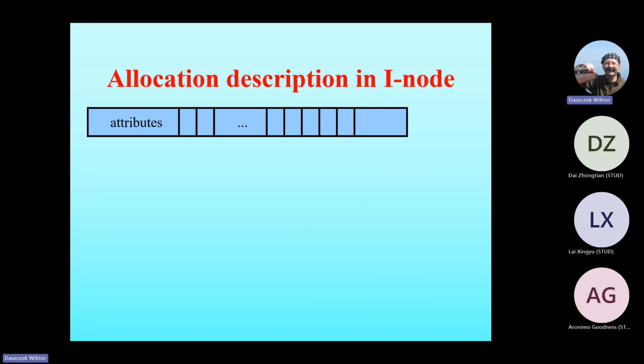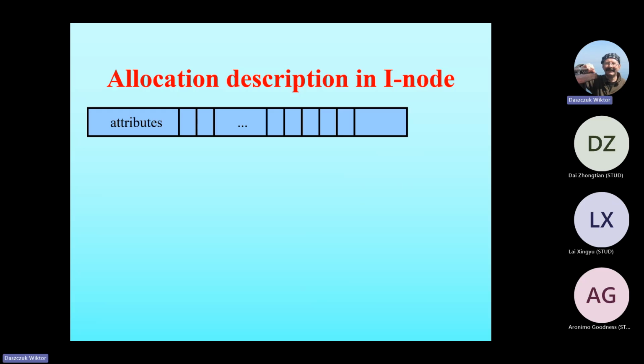In Unix, the file is described by a special data structure called inode. And we have a table of inodes on the disk.